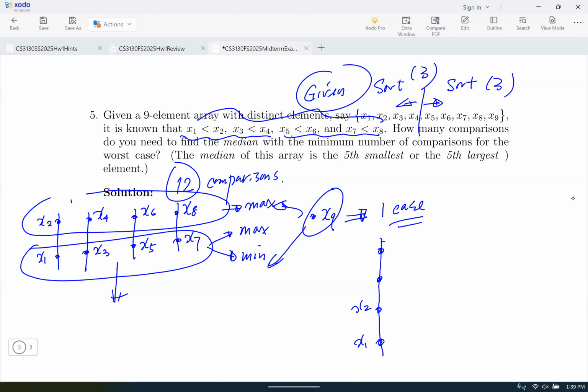Without the given condition, in our module 4 insertion sort, we will see we need 5 comparisons. So actually, in module 4, we will solve many similar problems: how to sort, how to find the second, third.